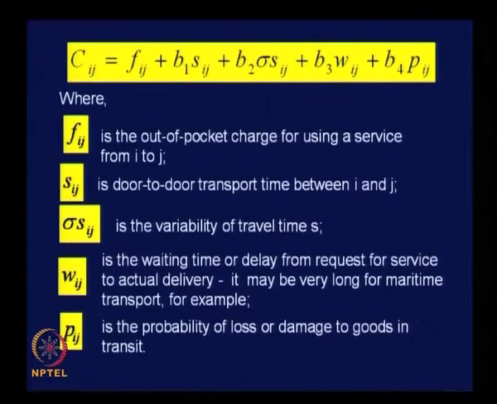These are just weightages assigned for various factors that influence the generalized cost of transportation, right. You are not going to do any regression analysis based on experience, okay. It is possible to assign weightages for different aspects, okay. Let us see a little more about these coefficients.